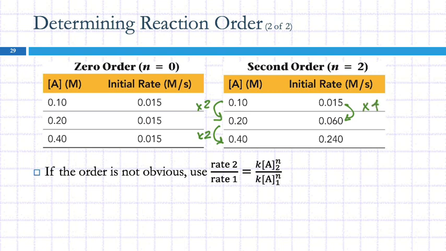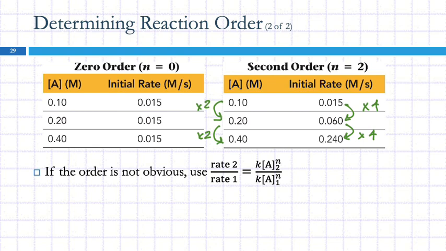If that doesn't jump out at you, just take 60 and divide by 15. This is 4. And from 60 to 240 is also times 4. When this doubles, that quadruples. This change is this change squared. So that's a second order reaction.